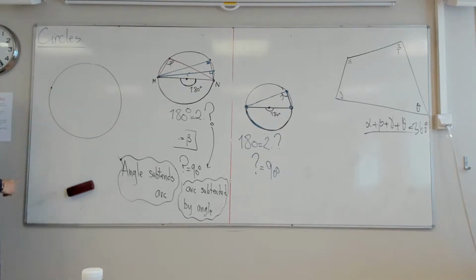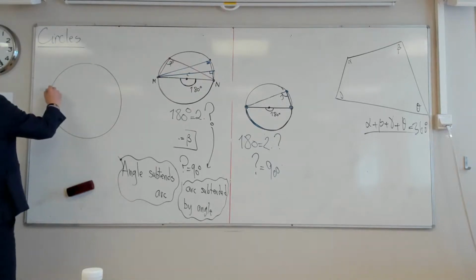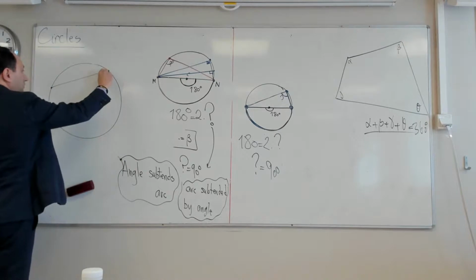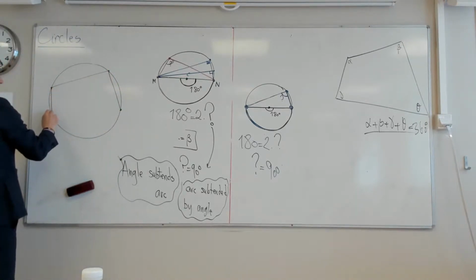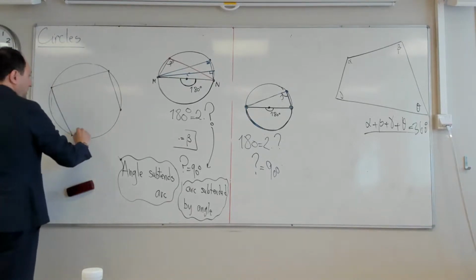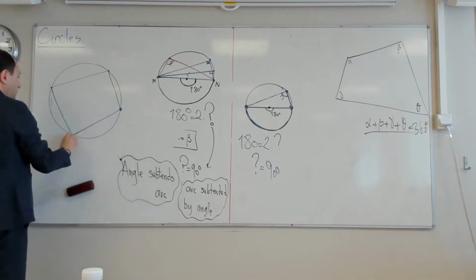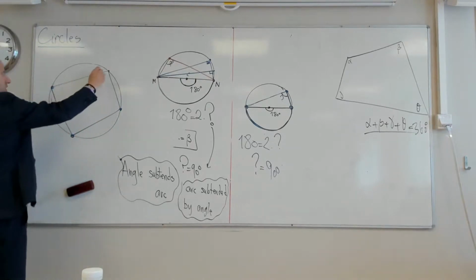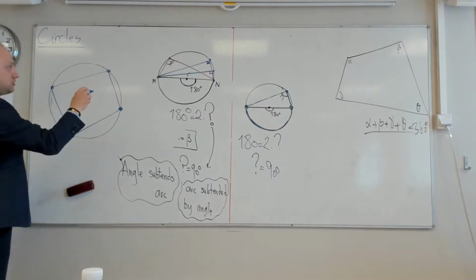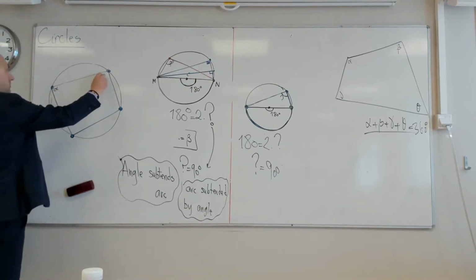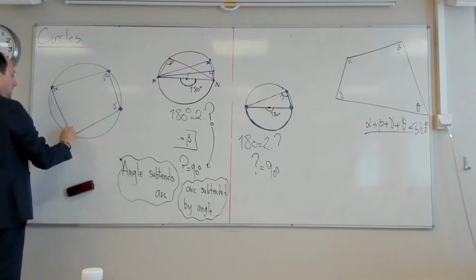So for example, take this point and then draw it here, and here, and then here, and then we can make it more different. So I am trying not to draw any particular shape. This is just a random quadrilateral. And let me give these angles names: alpha, beta, gamma, and theta.